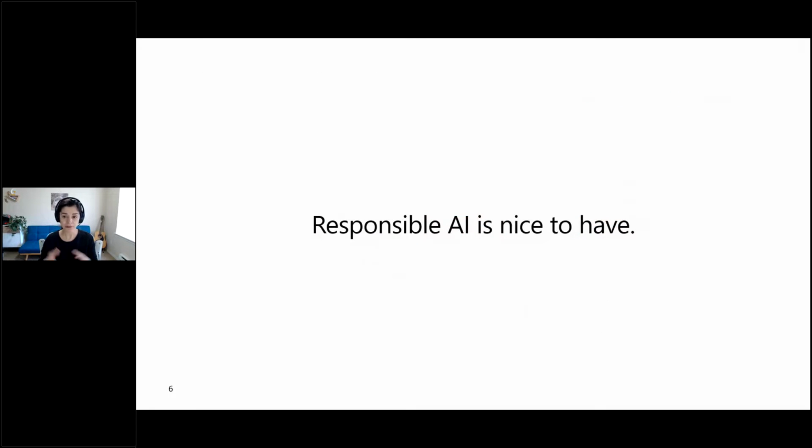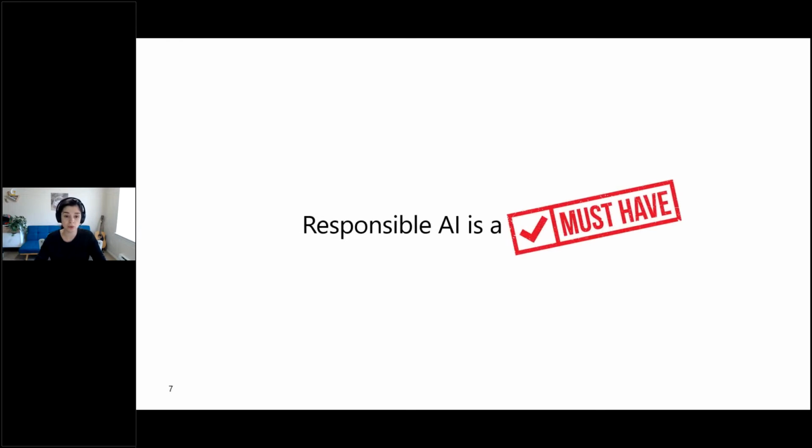So let me first start by challenging one of these common notions that we see today, that responsible AI is just a nice-to-have concept or something that you think about as an afterthought after you have built the whole AI system or machine learning model. In order to challenge this notion and to really explain why responsible AI is instead about excellent machine learning engineering and responsible innovation, and why it is a must-have, we are going to look at this problem from a machine learning engineer and practitioner perspective.